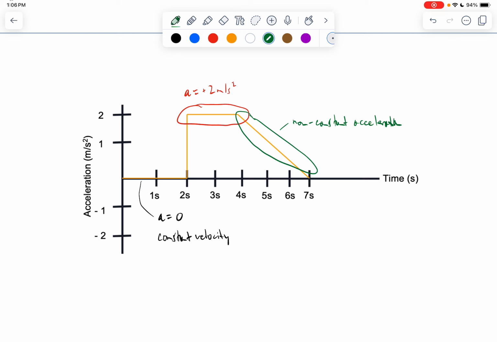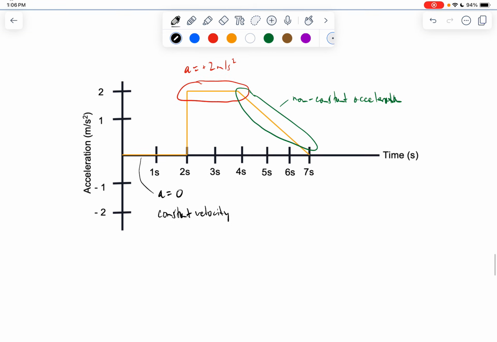If we were to try to figure out the change in our velocity from a time of 0 seconds up to 7 seconds, basically what we need to do is look at the area under this graph.